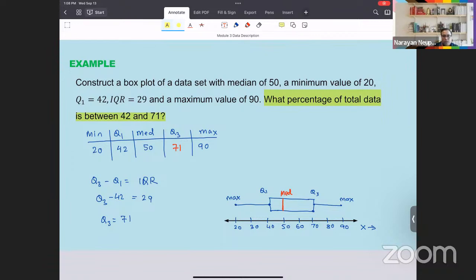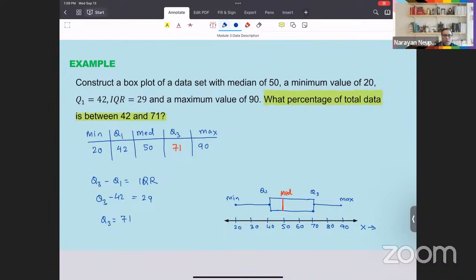From minimum up to Q1, you have 25% data here. From Q1 up to median, 25%. Median up to Q3, 25%. And Q3 up to maximum, 25%.